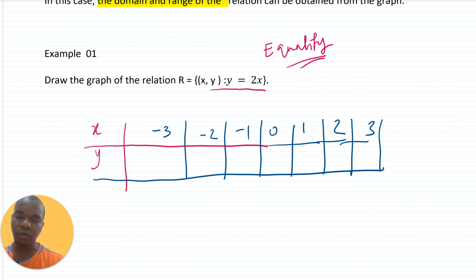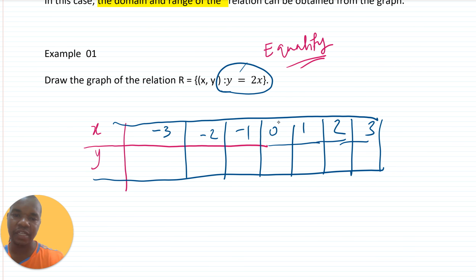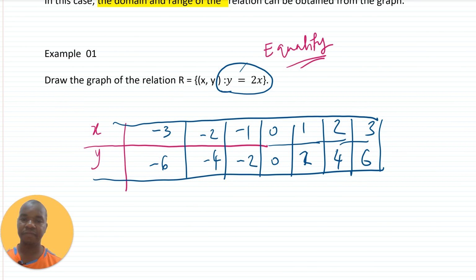To get the value of y, you just multiply here. We were given that y equals 2x. So you'll be multiplying, we have -6, -4, -2, 0, 2, 4, 6.